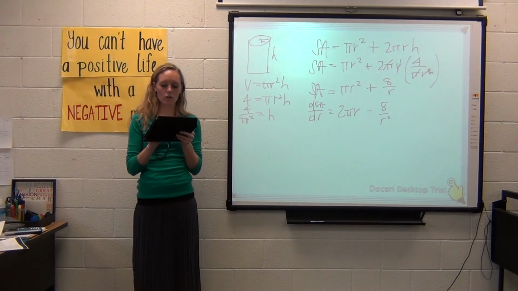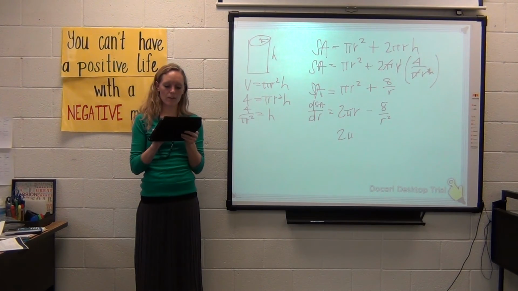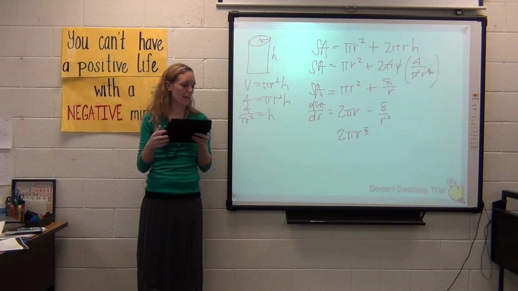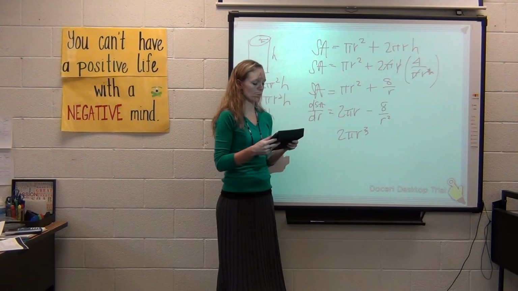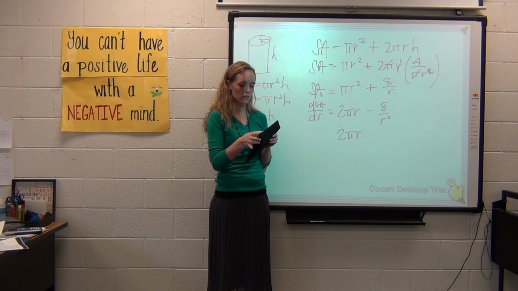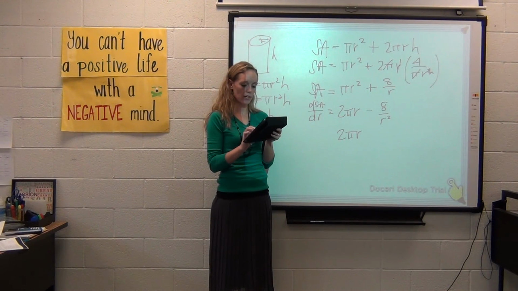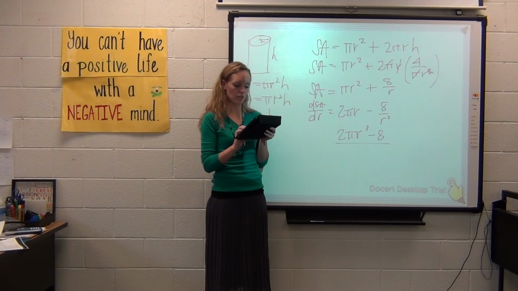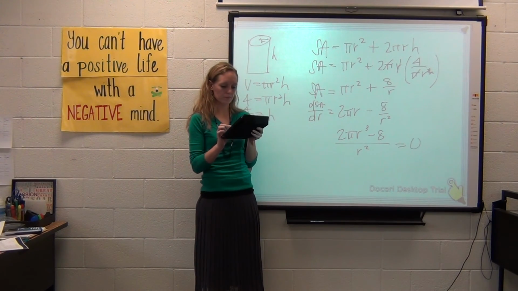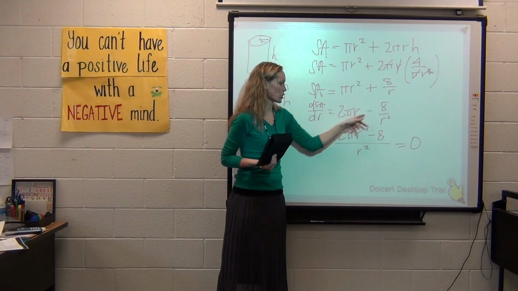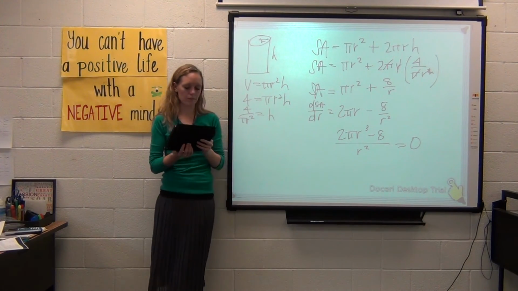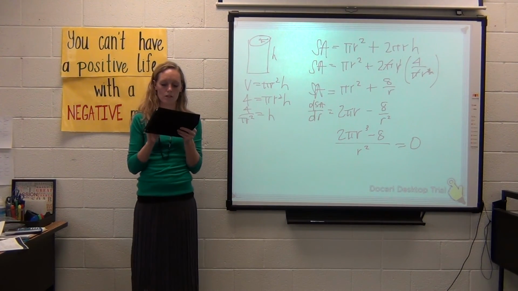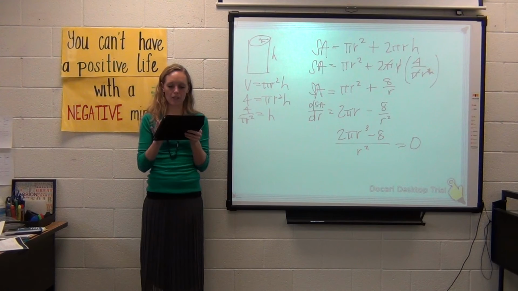So I set this equal to 0. If I get a common denominator, I just multiply this one by r squared, which gives me 2 pi r cubed minus 8 over r squared. So I just multiply this top and bottom by r squared. I set the top equal to 0.